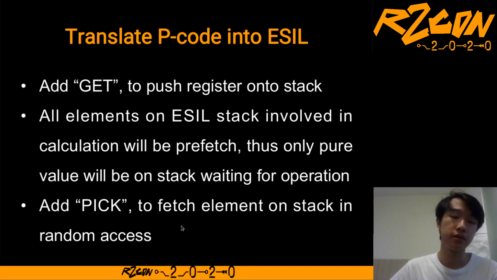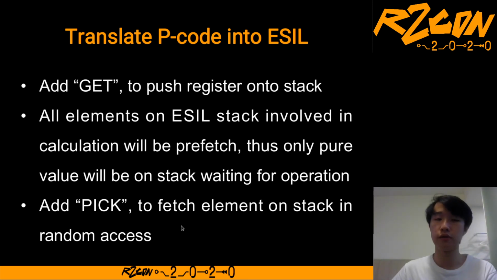First, add get to push a register onto the stack, and it also properly handles whether it's an integer register or a float register and fetches the value properly. Second, a rule: all elements on the ESL stack involved in calculation will be prefetched, so only pure values will be on the stack waiting for operation.